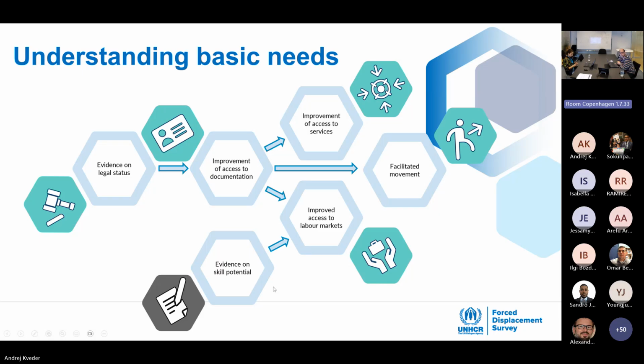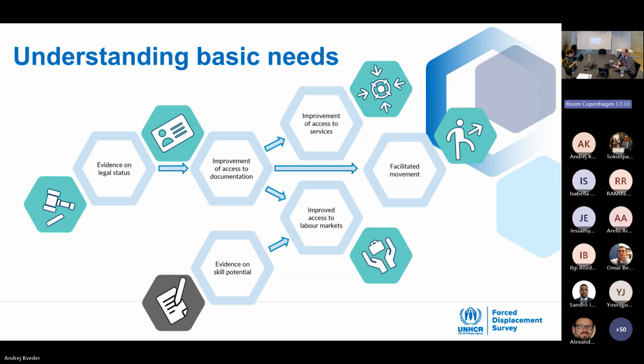To give you a bit more understanding of how we are thinking around measurement and what the guiding principles are, how we develop and tailor the content is one impact path in trying to understand the basic needs.